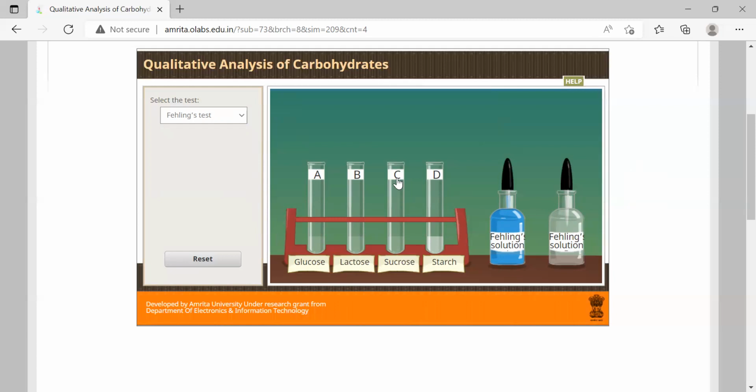We have the same 4 samples, and in here we have 2 containers. We have the blue Fehling's solution and the clear colorless Fehling's solution.